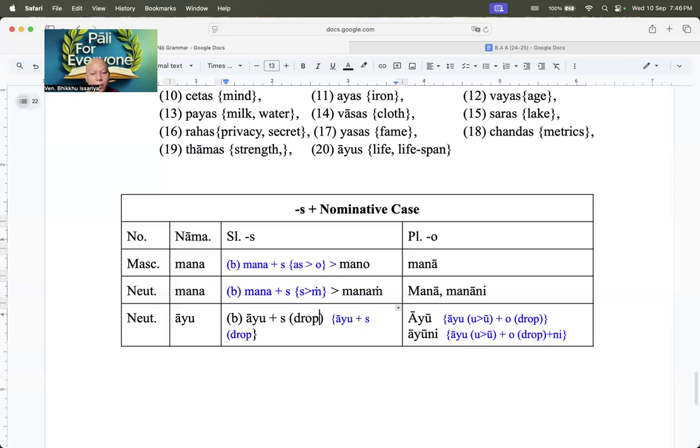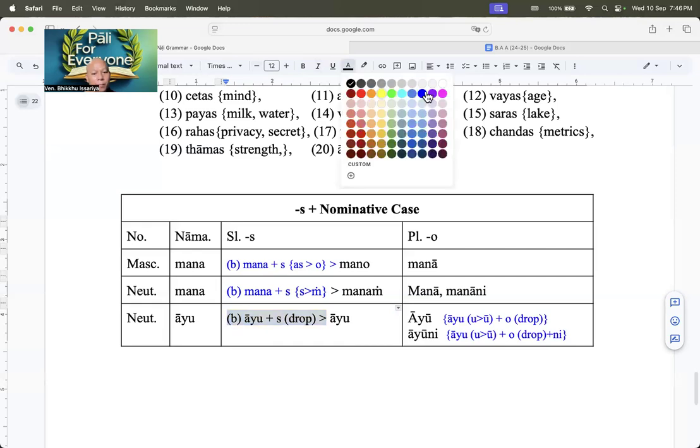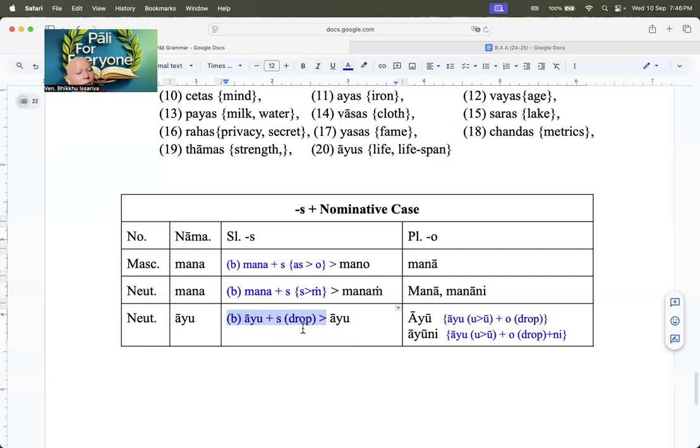So in this way, we have just RU. So that is the difference between these two words. You see, they are used in this way.